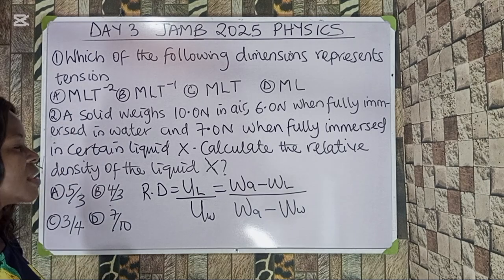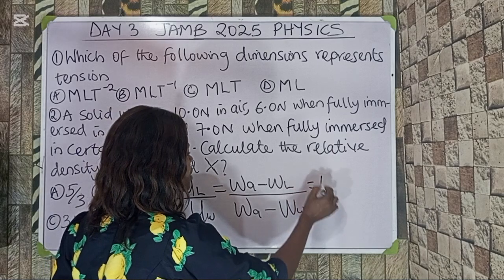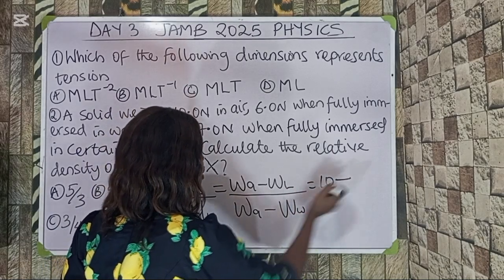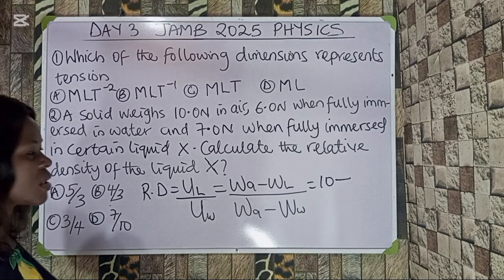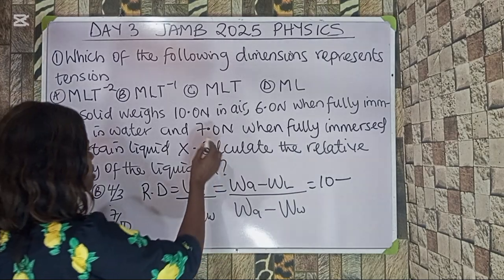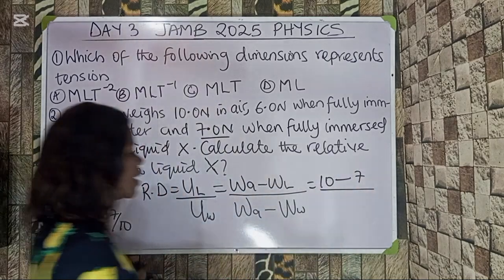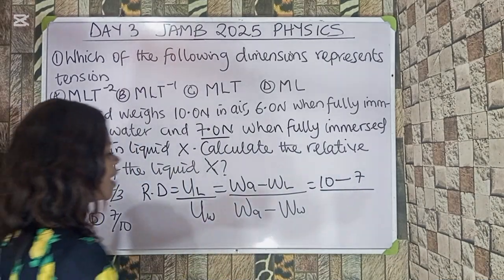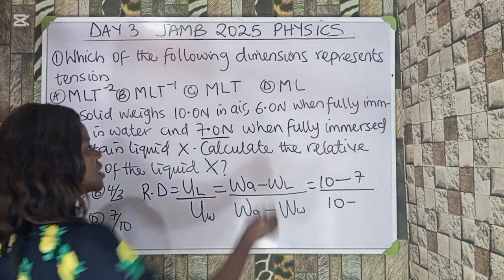Remember, this object weighs 10.0 Newton in air. So my weight in air becomes 10, minus, then when immersed in liquid, it weighs 7.0, so say 7, divided by the weight in air, we equally have 10, minus the weight in water, we have 6 Newton.